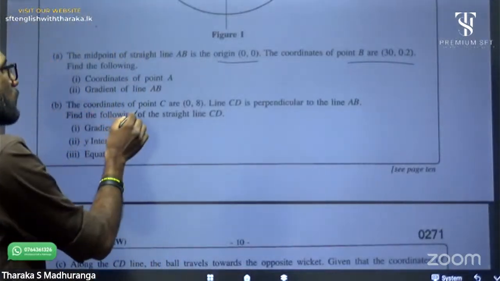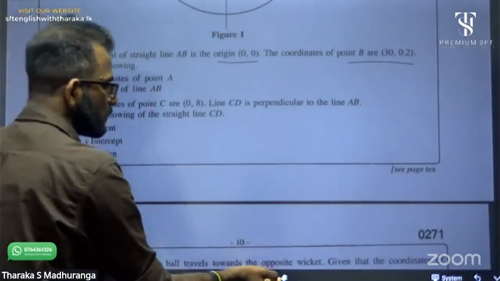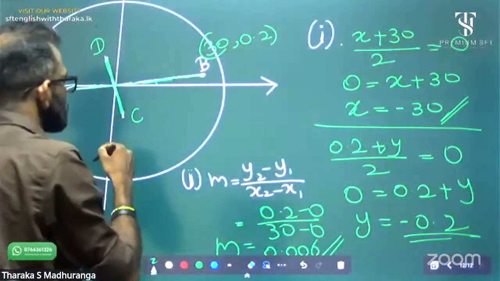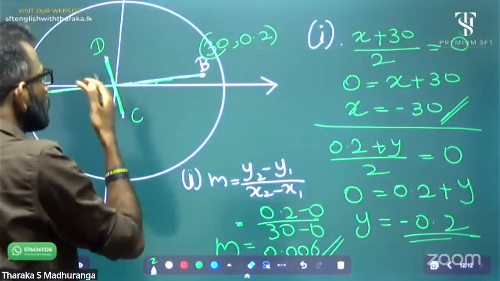The coordinates of C are given as 0 and 8.